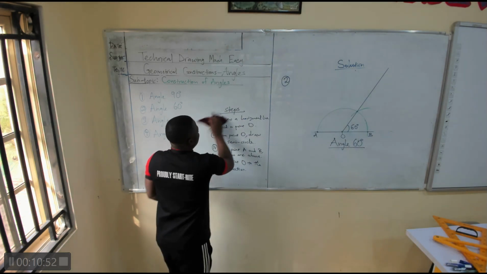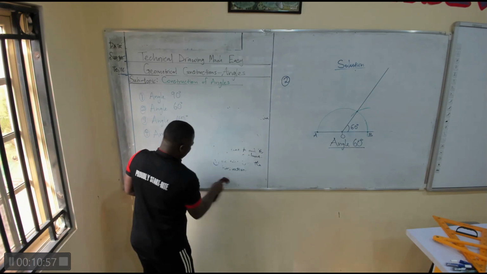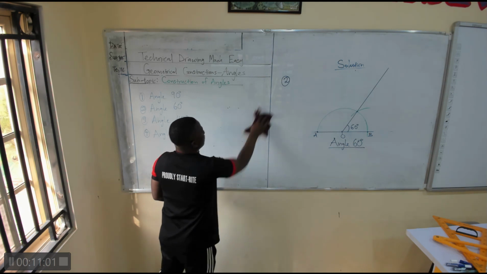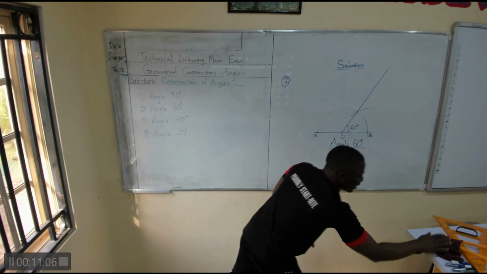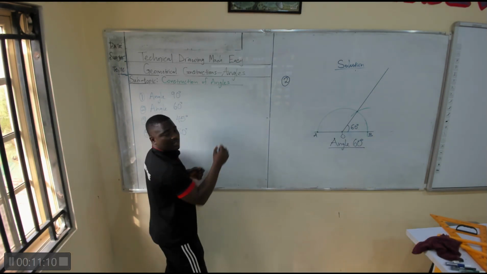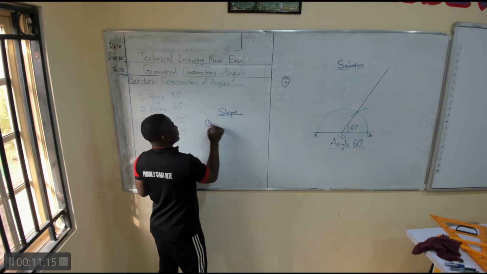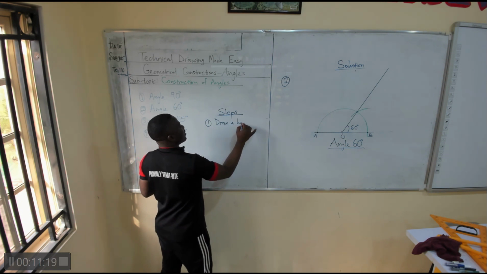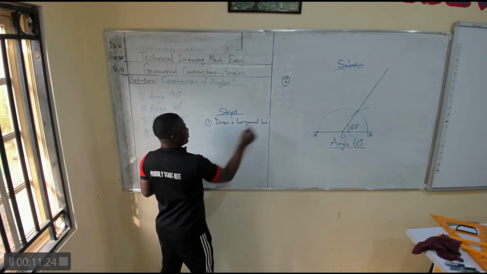So you can see for angle 60 degrees, what are the steps we took to achieve it? First, we draw a horizontal line. Every construction starts from a horizontal line.